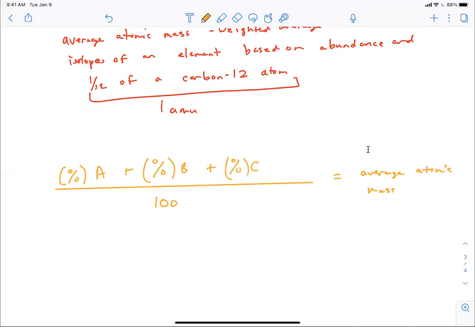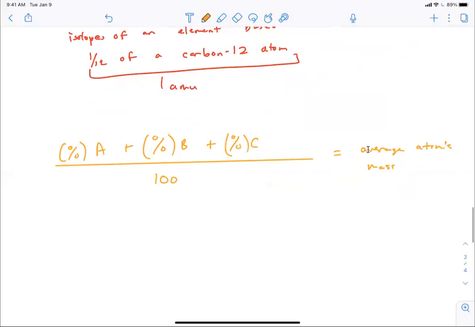You wouldn't believe how many times I've seen kids say 0.9% and then just keep it as 0.9, because they say, oh, it's already a decimal, I don't need to change it. But that's really 0.009. And that's a significant enough mistake that can cause students to get the answer wrong.